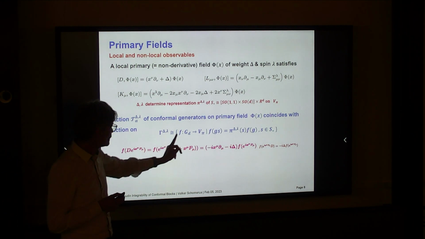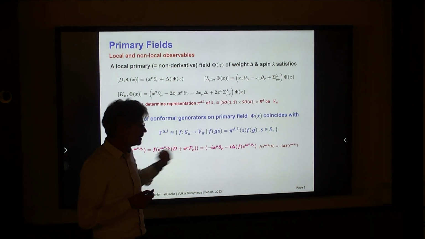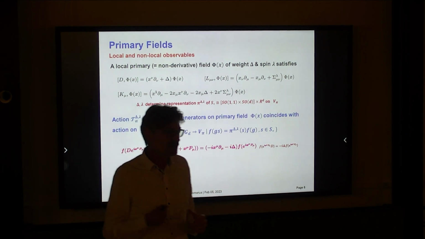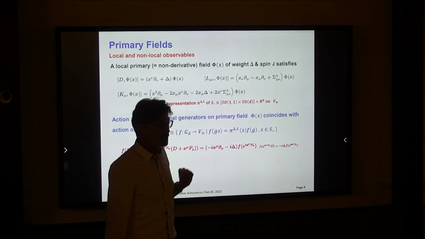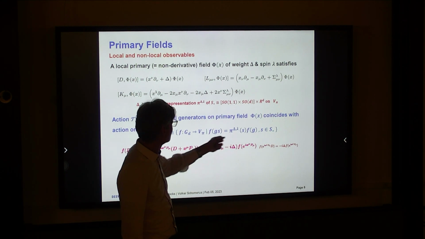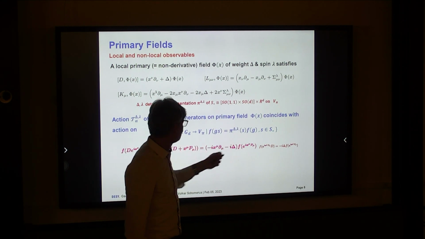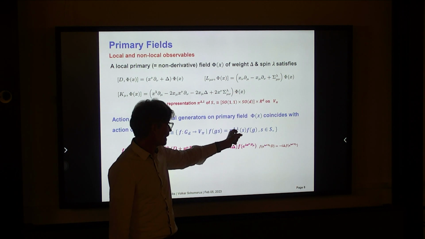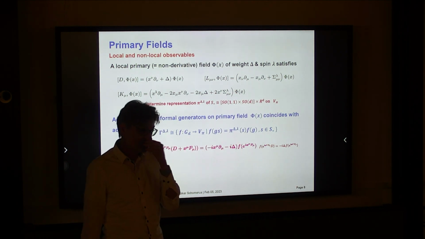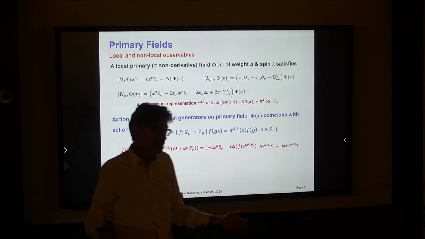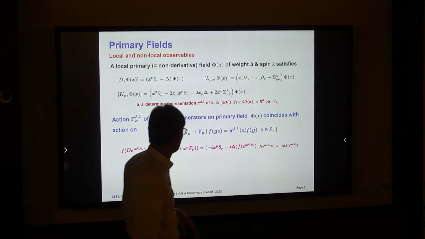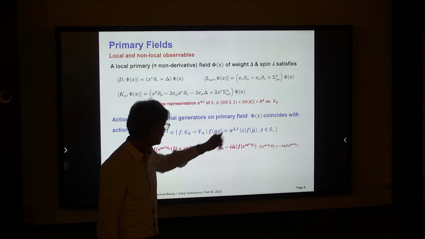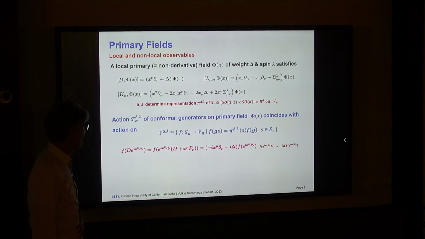I can take all the functions on the group, and I make them take values in some finite dimensional representation of my stabilizer group, in fact, the representation that corresponds to the choice of delta and lambda, right? So if I have a vector, this would be a d-dimensional representation space, right? And then dilation acts on it by returning the eigenvalue delta, the weight.